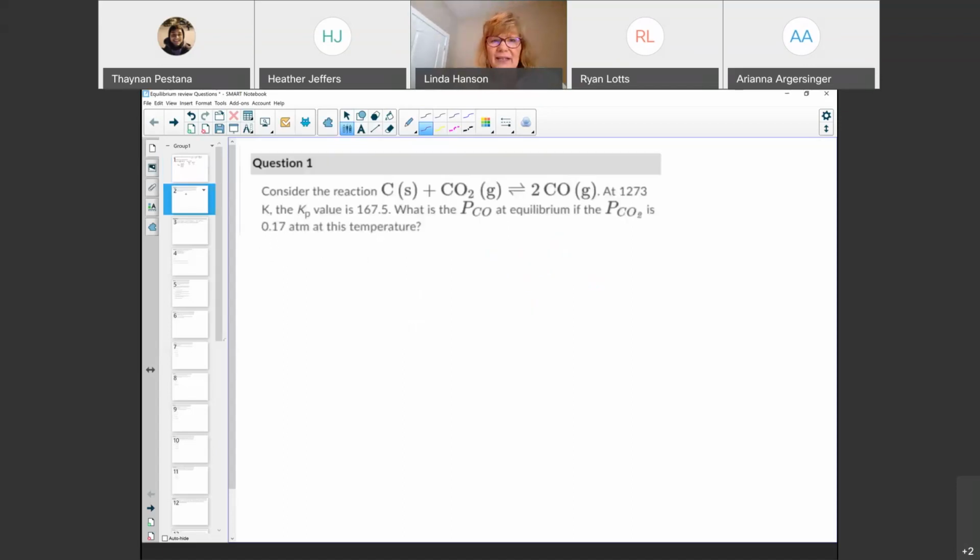I then placed this example in as a way to apply what we just practiced. I'm going to write this equation with you. We have solid carbon combining with gaseous carbon dioxide in dynamic equilibrium, and I have two molecules of gaseous carbon monoxide.